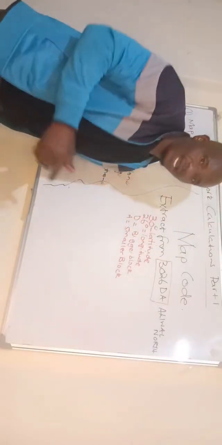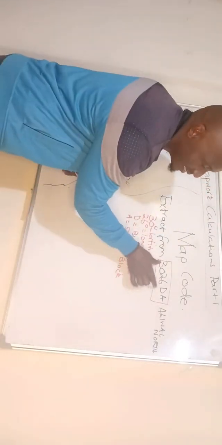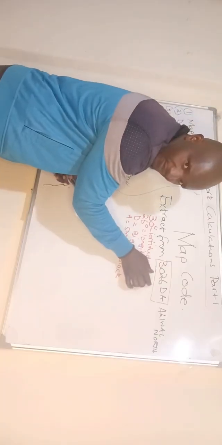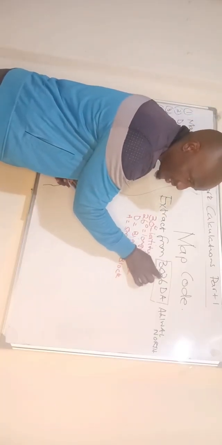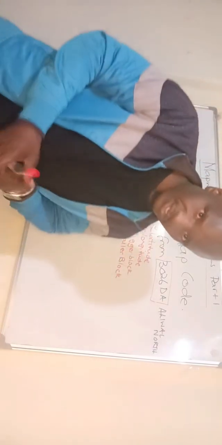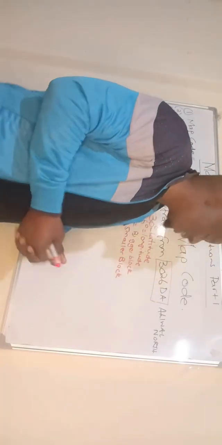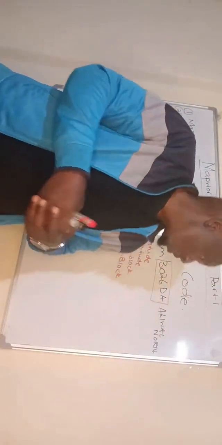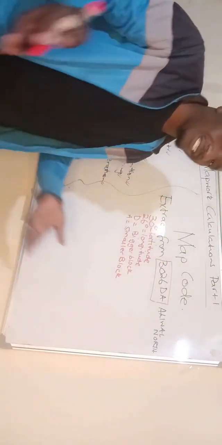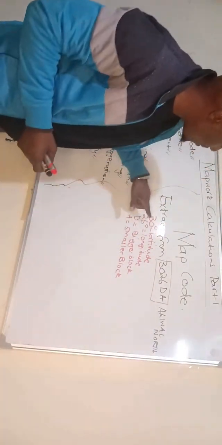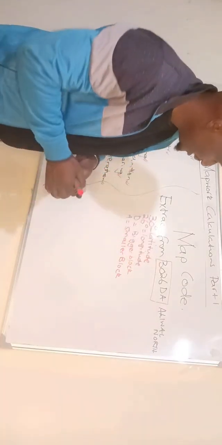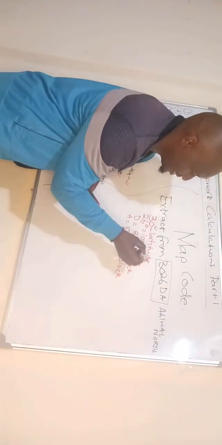So I have written it here on the board: extract from 3026 DA Alwal North. What I'm going to explain now is the meaning of these numbers. 3026 DA. We do the coordinates when we are georeferencing, when we want to show the position or location of cities or things on a map. So our 30 here represents the latitude.